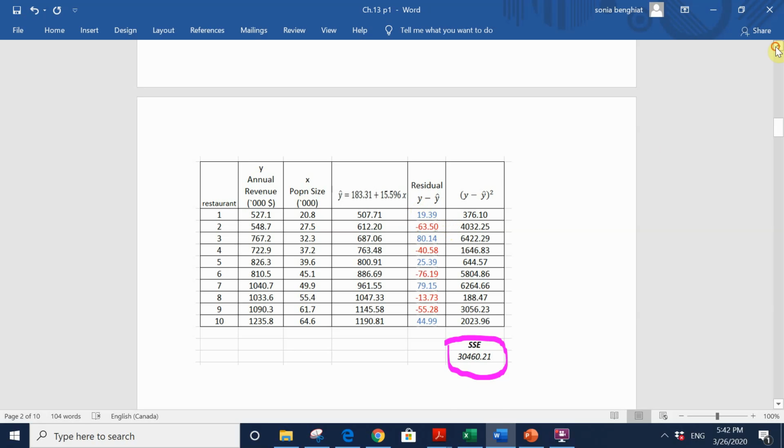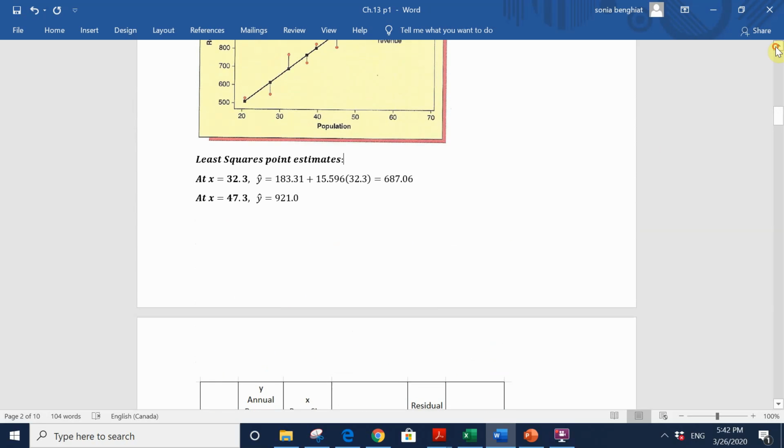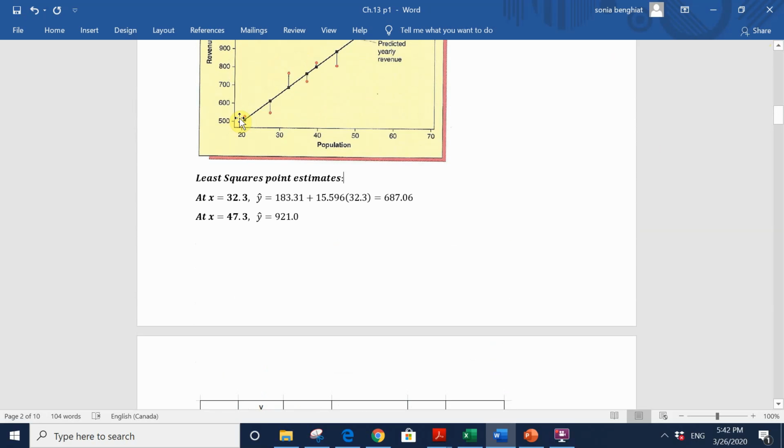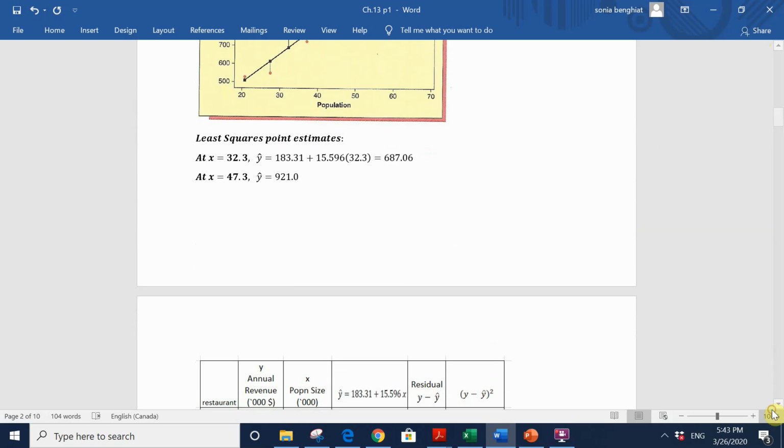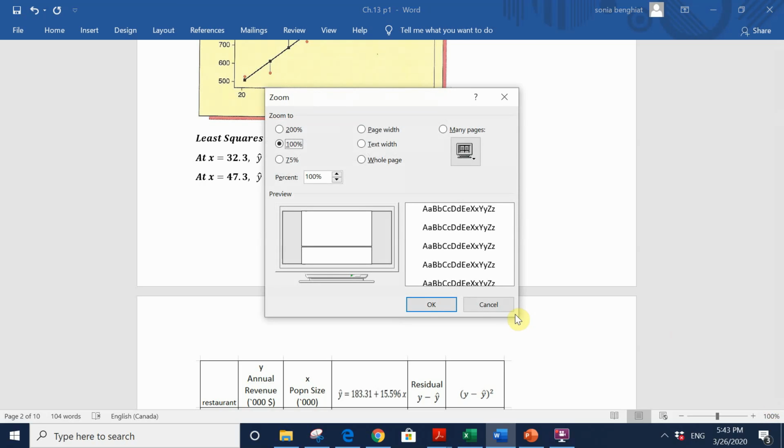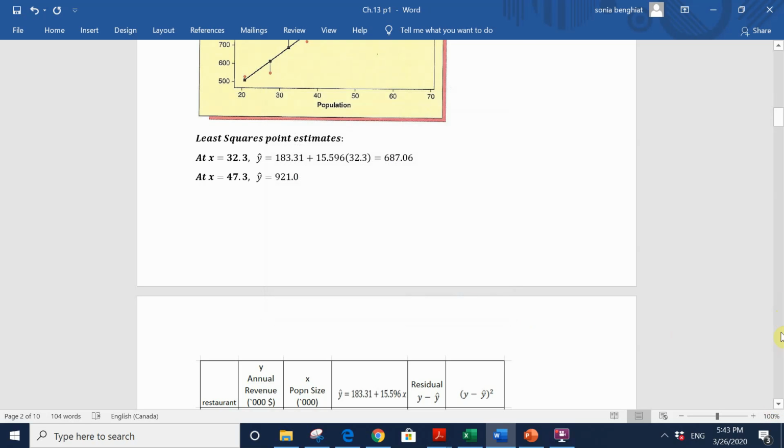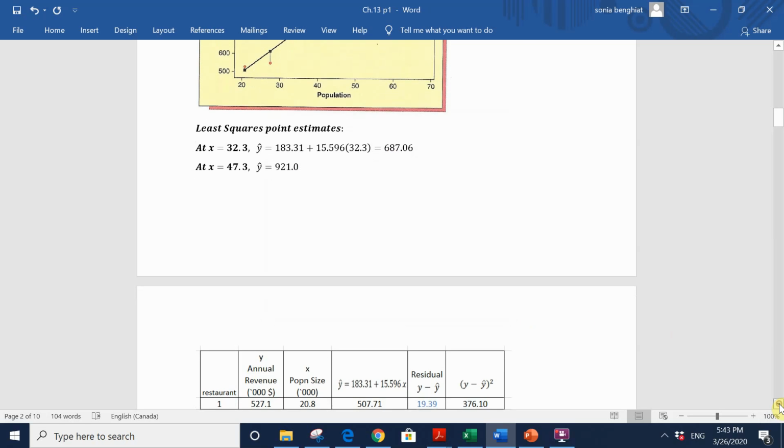You can see that right here. The first point is above the estimated line of means. The second observation is falling below the estimated line of means. Okay, let's carry on over here.